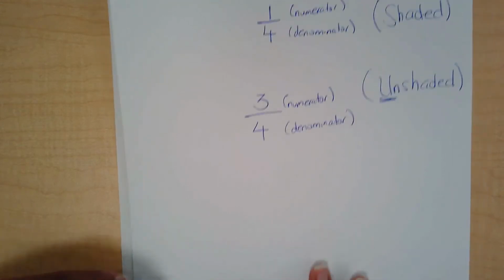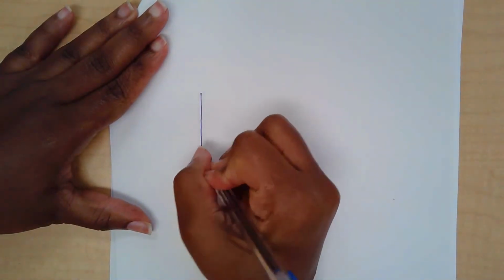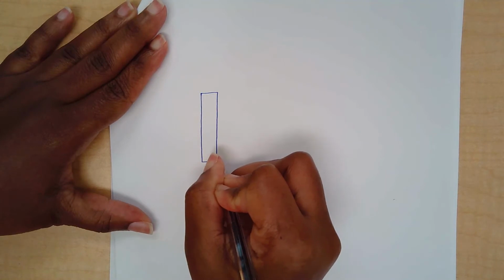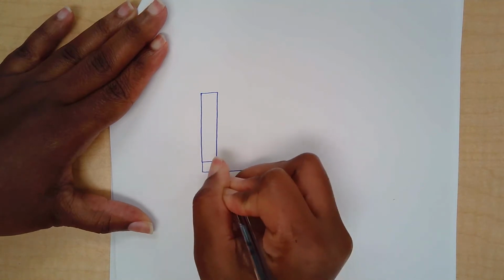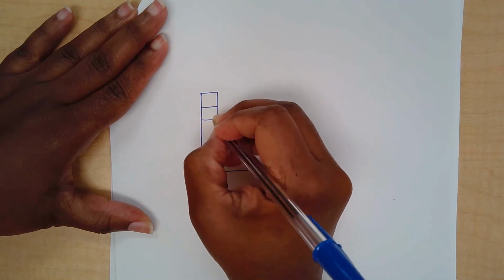Let's try another example. Sometimes our fractions may look like irregular shapes, and that is fine.